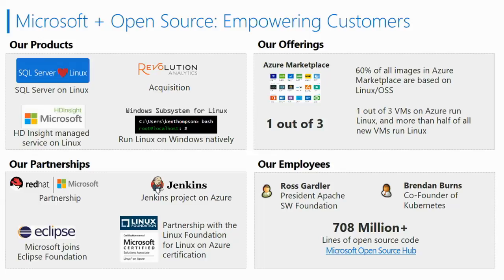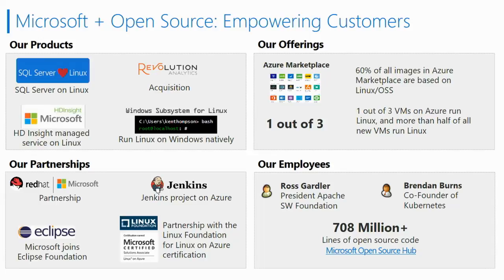So you'll see that stat grow to 1 in 2 and so on. We've had key partnerships recently with Red Hat, so we provide the best support of any public cloud for Red Hat workloads. We have Red Hat support engineers sitting in Redmond side by side with Azure support engineers, with fully integrated ticketing systems.